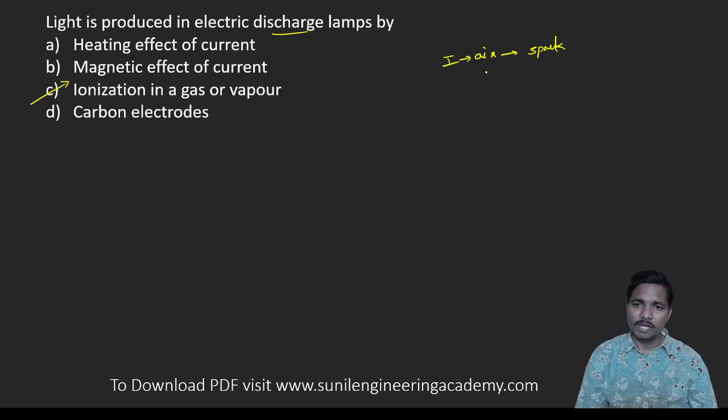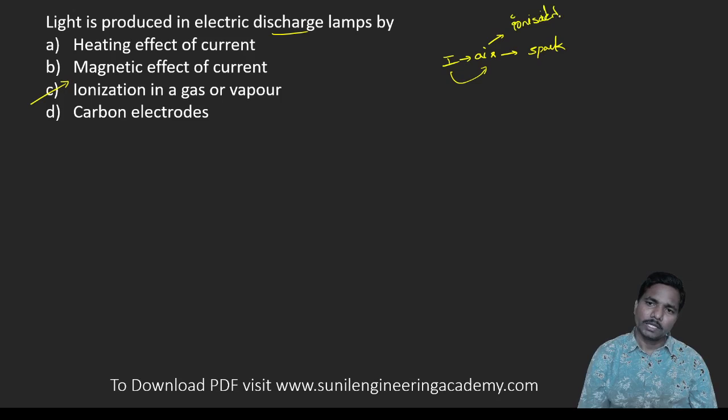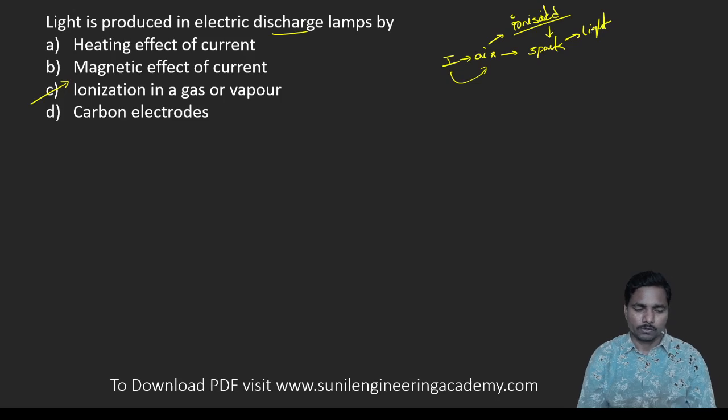That means whenever current flows through air, the air gets ionized, and then we get the spark, that is, light. So in electric discharge, the current is discharged through the air and we get light, due to ionization of air, gas or vapor. So the answer is option C.